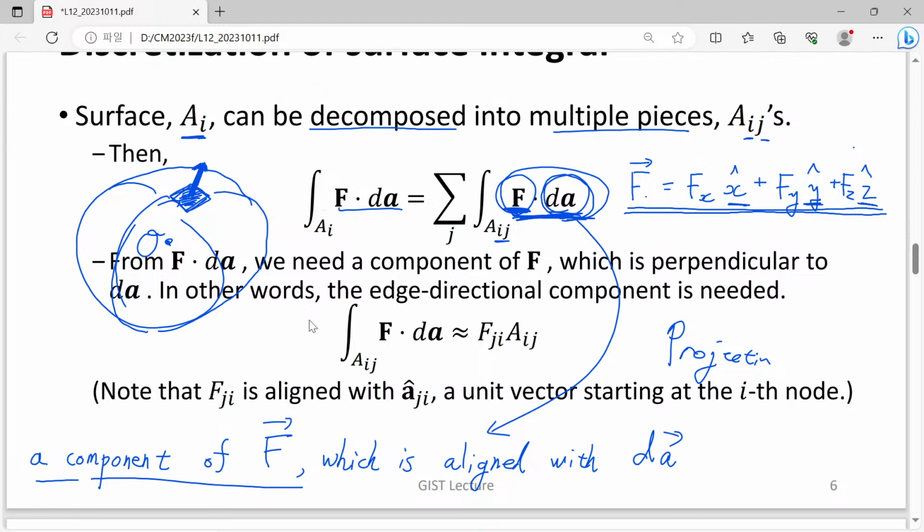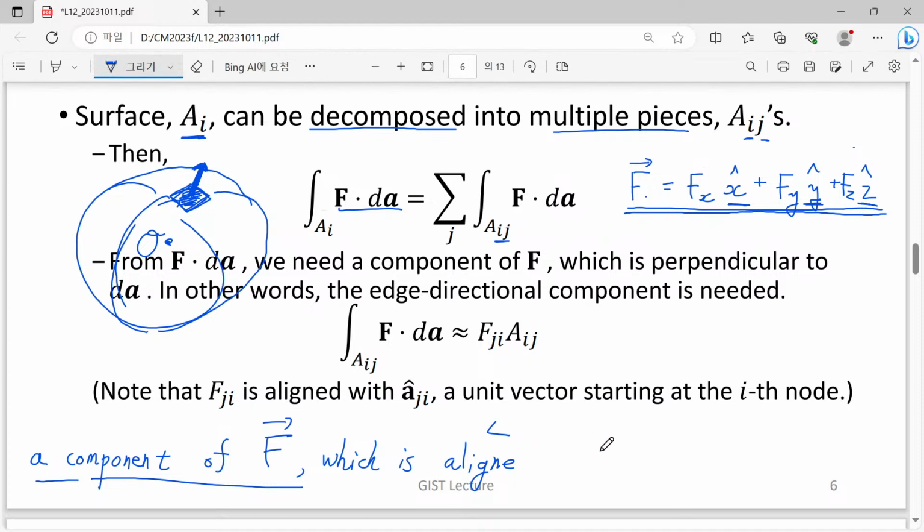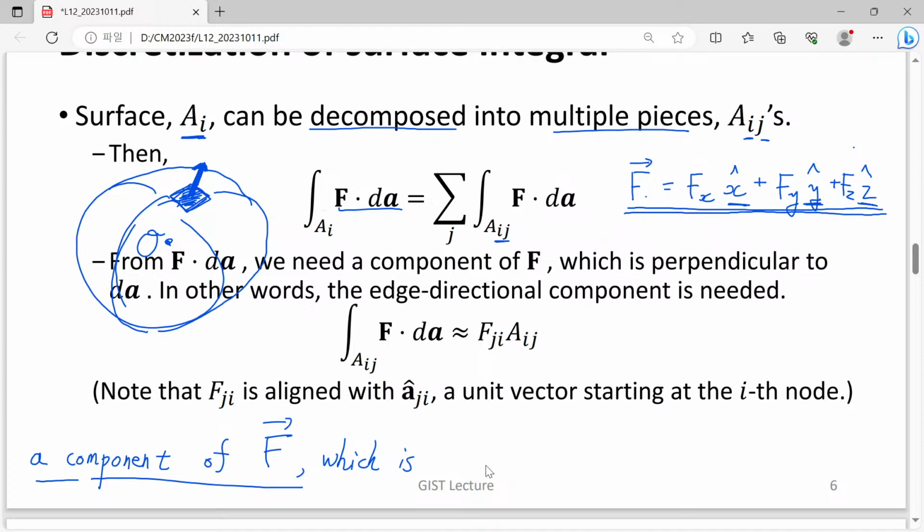Let me just draw once again. Let's assume we have a certain surface component like this. This is dA.